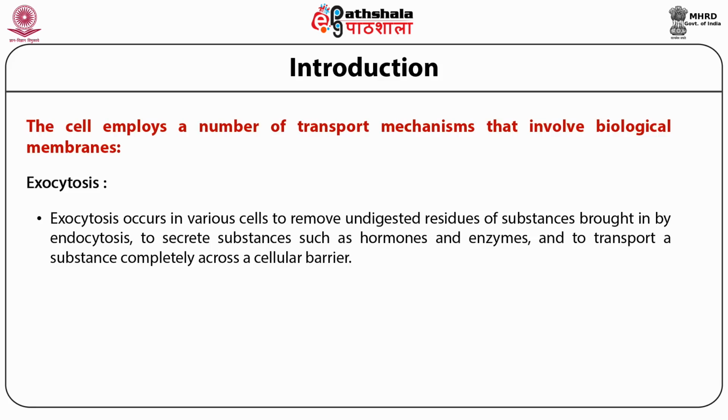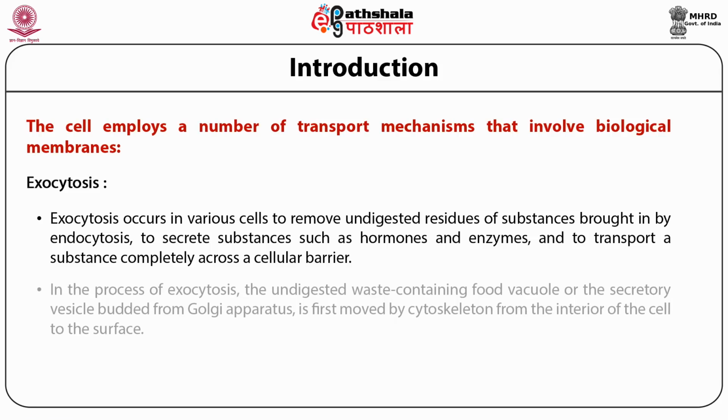It will also transport substrates across cellular barriers. In the process of exocytosis, the undigested waste containing food vacuoles or secretory vesicles budded from the Golgi apparatus is first removed by the cytoskeleton from the interior of the cell to the surface.